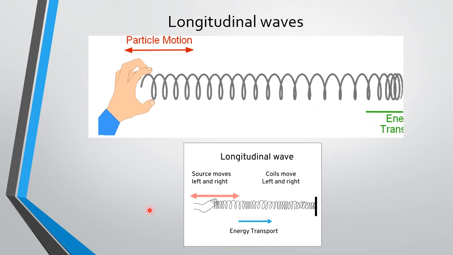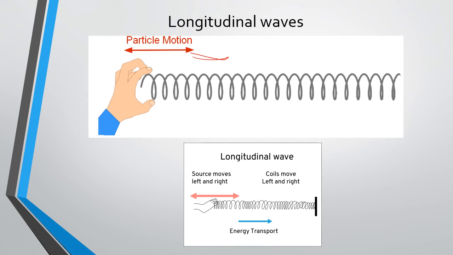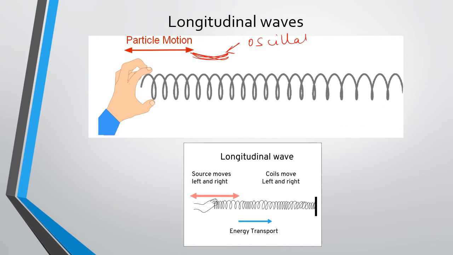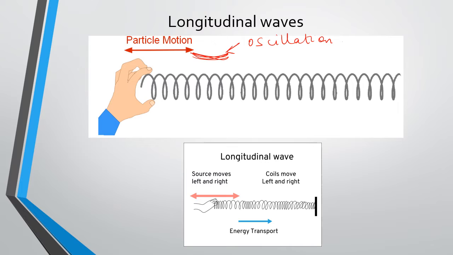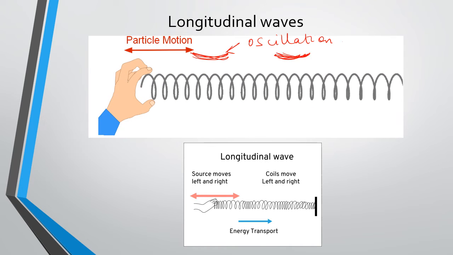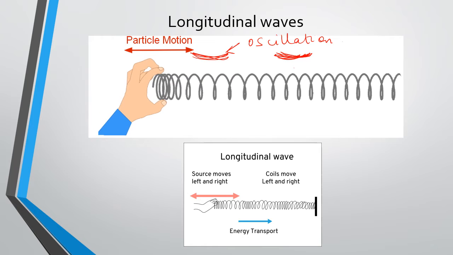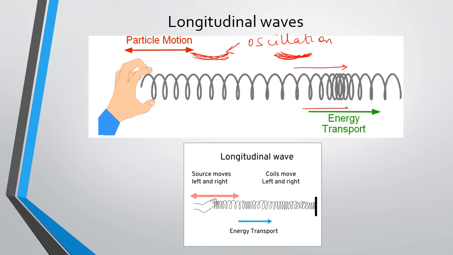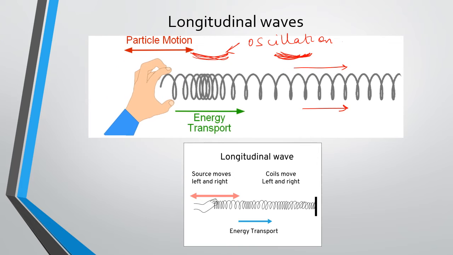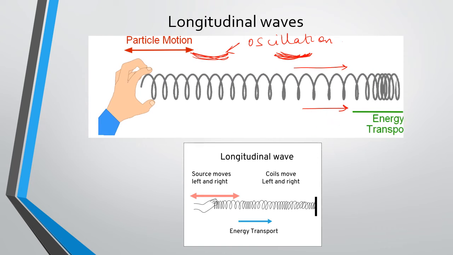That is, they are becoming straight. That means there is some kind of to and fro motion, which in terms is called oscillation. So the particles of the medium oscillate about their central or mean positions, and the propagation is parallel to the waves. Okay, the propagation is parallel.